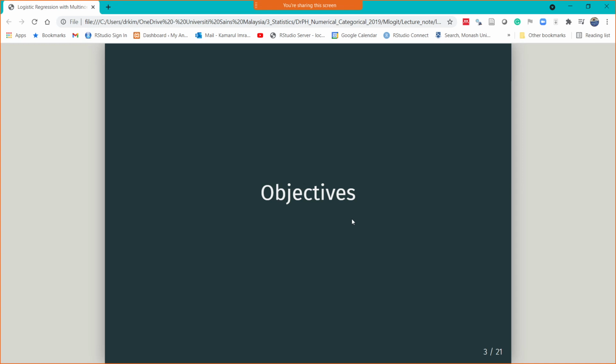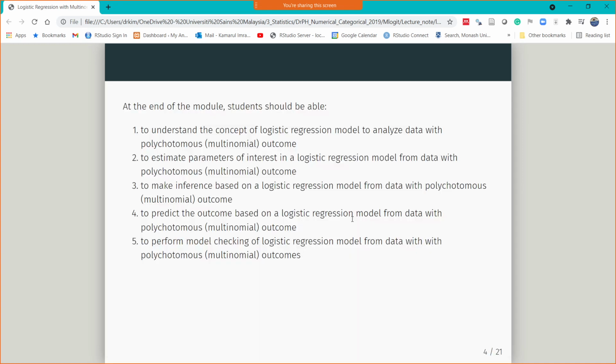The objective of the lecture or the module is, number one, to understand the concept of logistic regression model to analyze data with polycotomous or multinomial outcome. So you can call a multinomial as polycotomous.